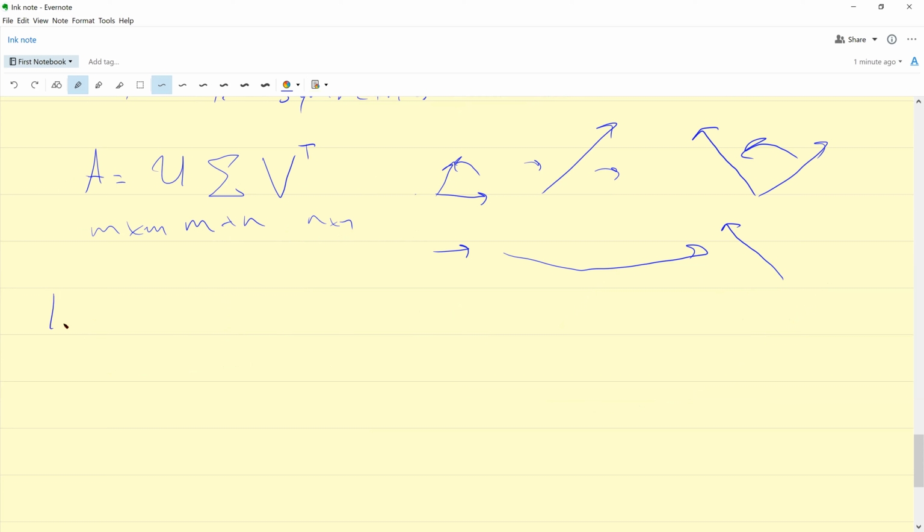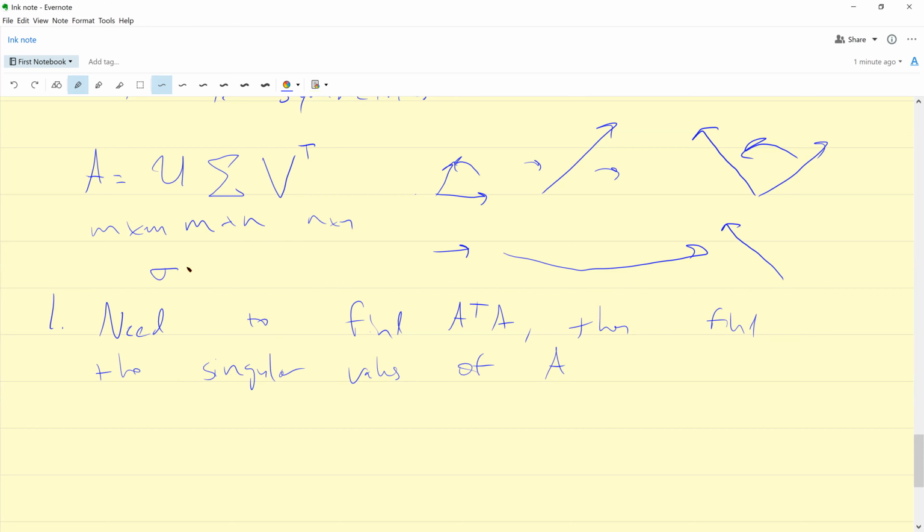The first step is we're going to need to find A transpose A, and then find its singular values, or the singular values of A, rather. The singular values are what we call the entries of this diagonal here, and they're defined as the eigenvalues of A transpose A, I misspoke.